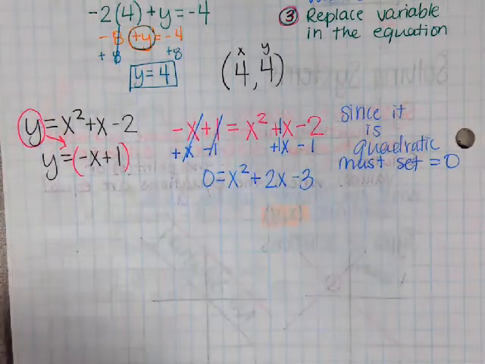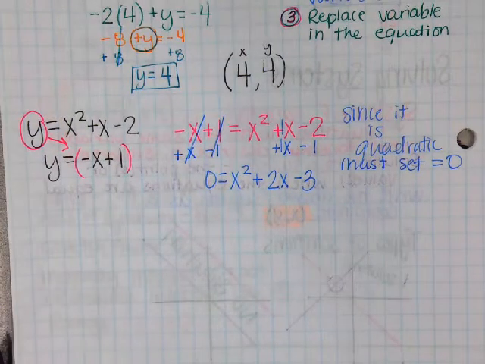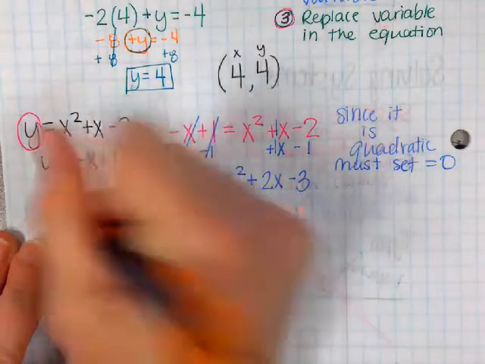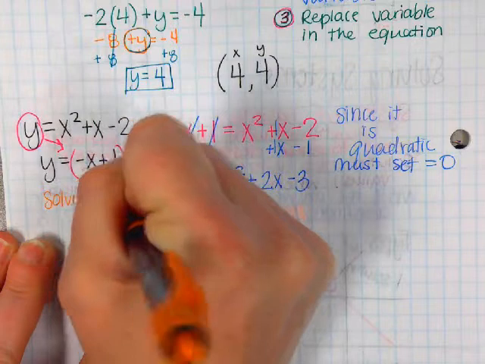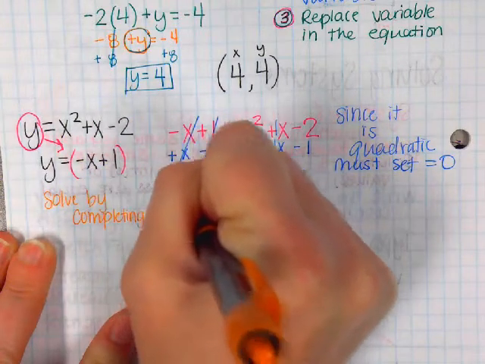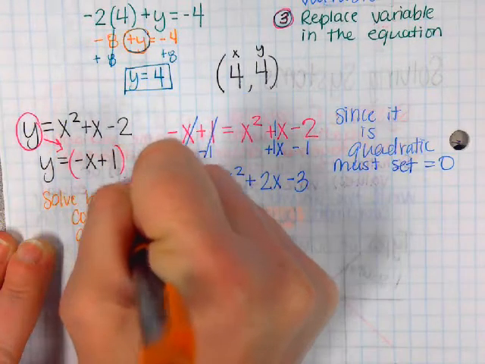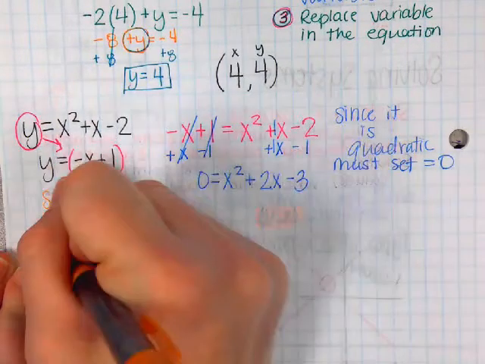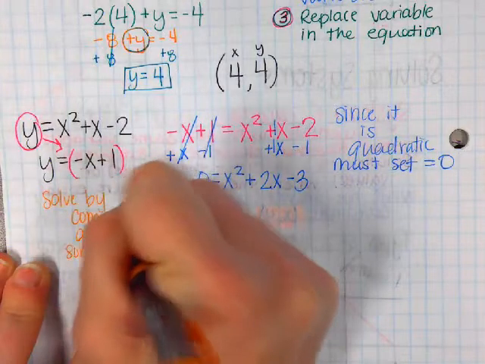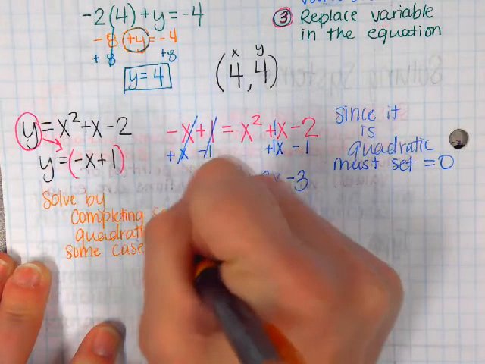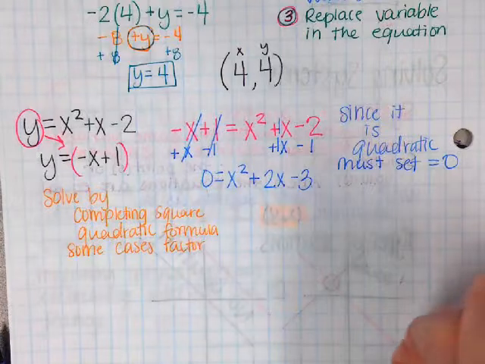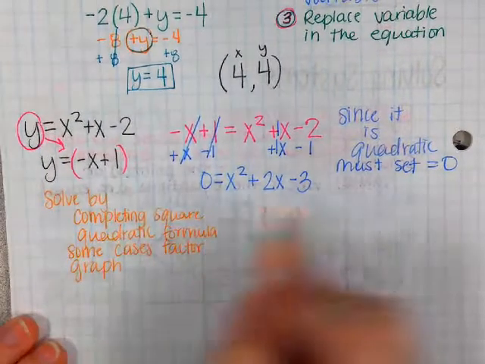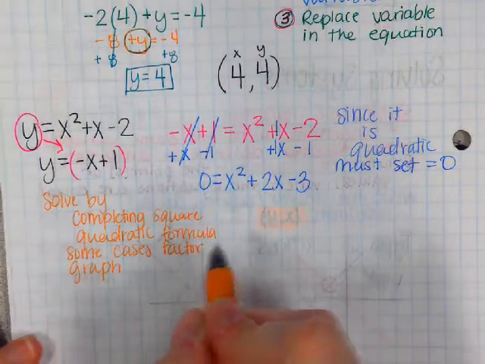Now it is a quadratic equation, and you're going to solve. I'm going to write all of your choices out. So you can solve by completing the square, the quadratic formula, in some cases you can factor, or you could graph it.